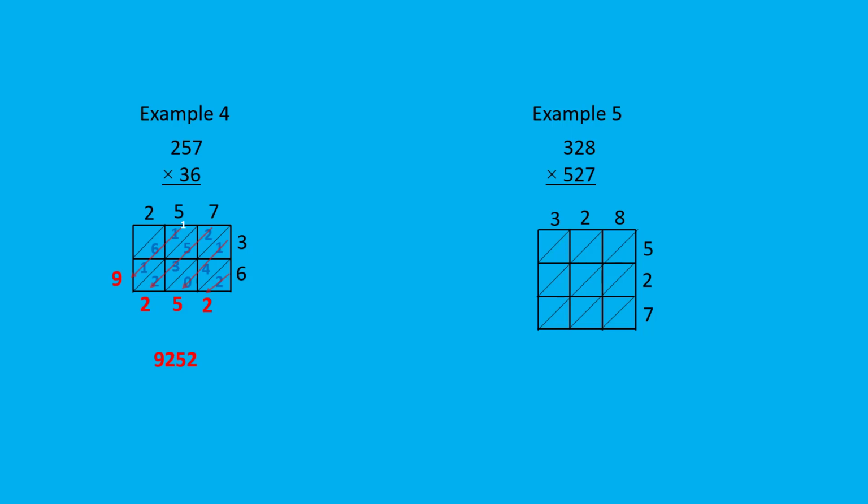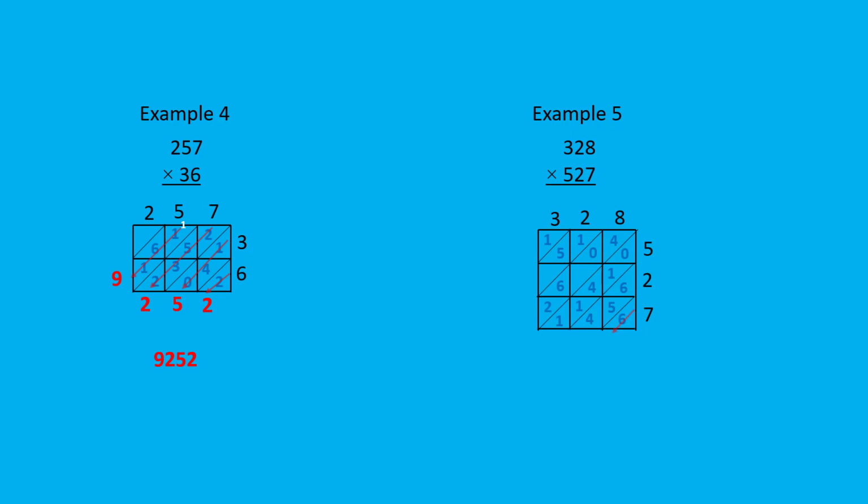So let's multiply by the 5. We get 40, 10, 15. Multiply by the 2. 16, 4, 6. Multiply by the 7. 56, 14, 21.